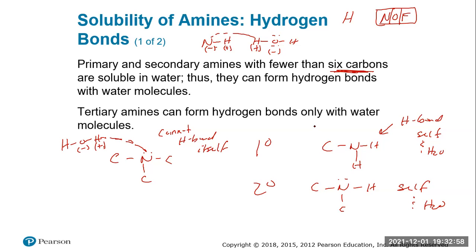For example, if we had two primary amines hanging out there, negative, positive, we could do some hydrogen bonding with itself and something like water. But because the tertiary lacks that hydrogen, its only form of hydrogen bonding would be with water, which makes it relatively soluble.